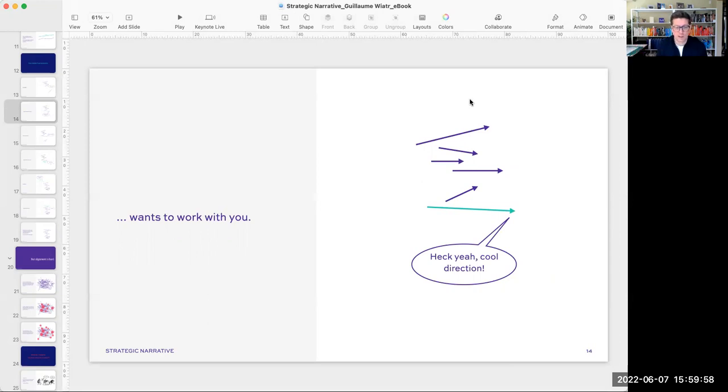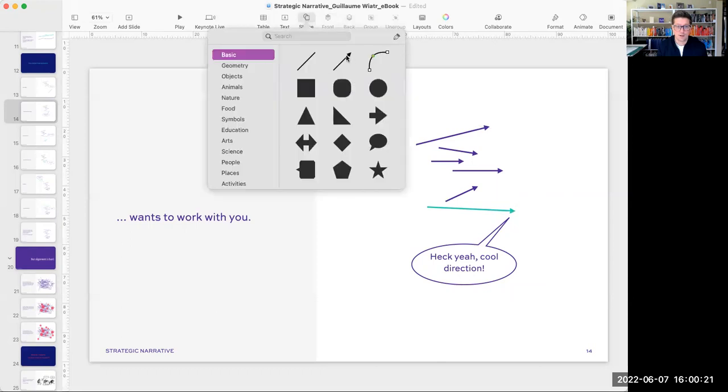So I had to come up with smart ways to do that, because I also don't have a lot of time. I was going to do some fancy hand-done arrows, but that brought a lot of rigidity to the process. So I decided I'm just going to use the basic arrows that Keynote has in stock, that shape right here.